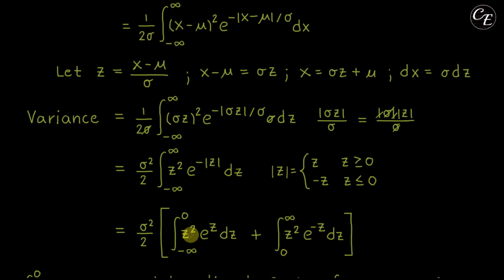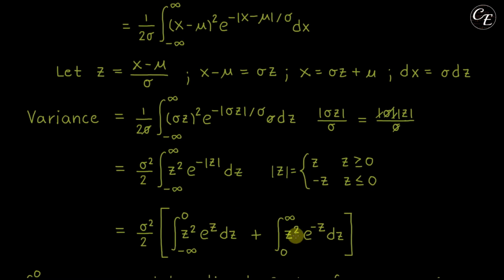Now in here, z is always less than or equal to 0, since z starts from negative infinity until 0 only. Then the absolute value of z is negative z, and if we use this in place of this one in here, we have negative of negative z, or positive z, which is this one.